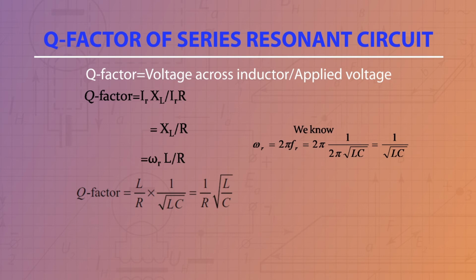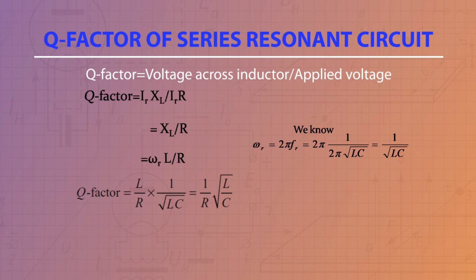And you know this XL can also be written as omega L, because we are talking about the series resonance. That means this Q can be written as omega R into L divided by resistance. And as you already know, omega R is nothing but 2 pi Fr.